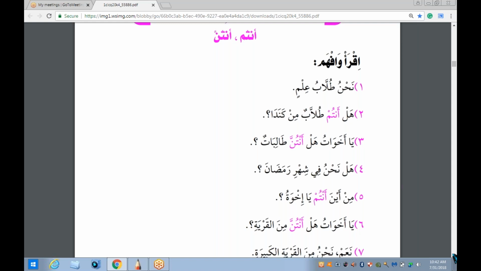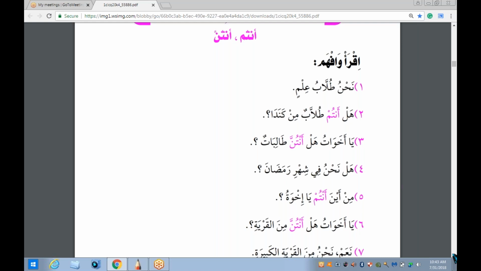So you write one: shuhur with a wow, elongation, or ashhur with the hamza at the beginning, and the hamza you write on top of the alif. Ashhur al-hurum. That's the plural for shahr. Are we in the month of Ramadan?